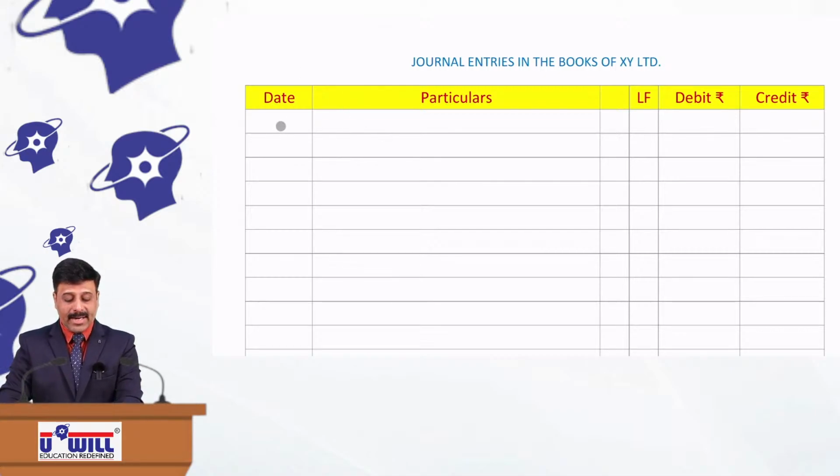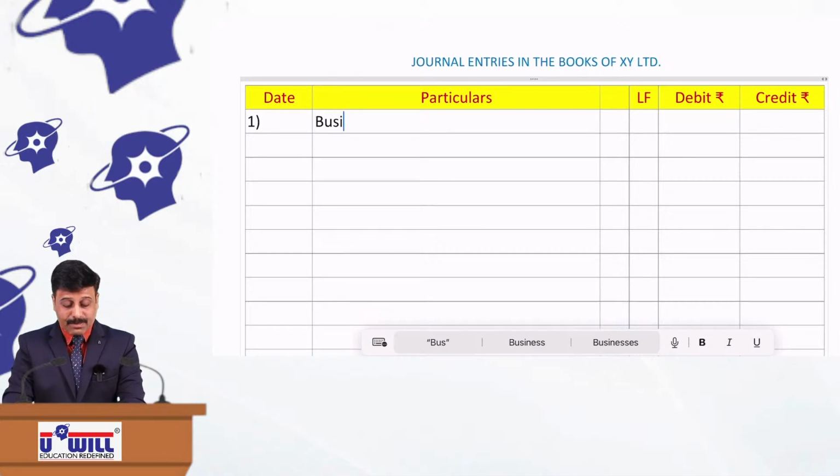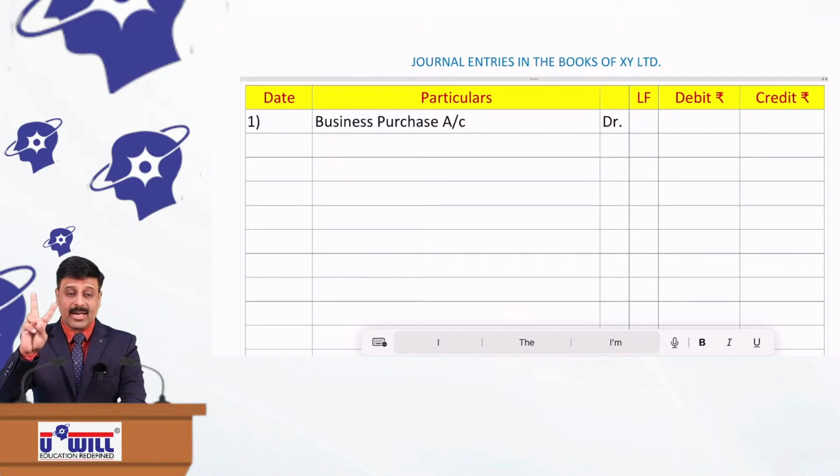Now, first entry in the books of transferee company is business comes in. Yesterday we did that. Debit what comes in. So business purchase account debit. And the amount is payable to the liquidator of transferor companies. Here there are two transferor companies, X Limited as well as Y Limited.